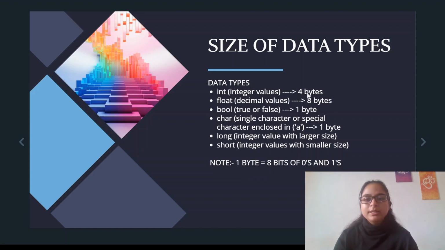So what does this 4 bytes mean? It means 32 bits, because 4 into 8 is equal to 32 bits, a combination of zeros and ones, which is the actual memory or storage allotted to the integer data type. Similarly for 8 bytes it would be 64 bits, a combination of zeros and ones, and 1 byte is equal to 8 bits.